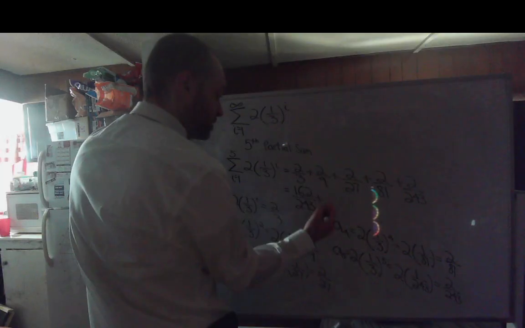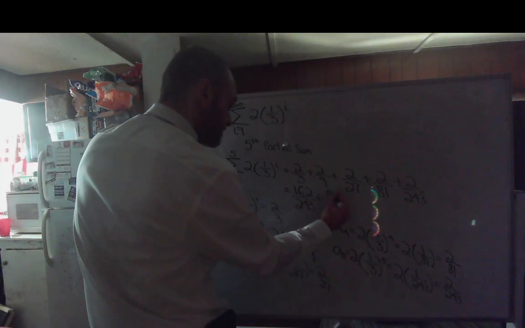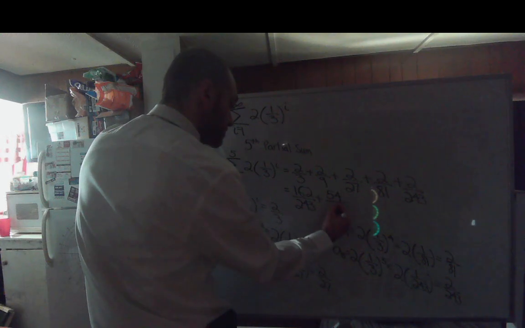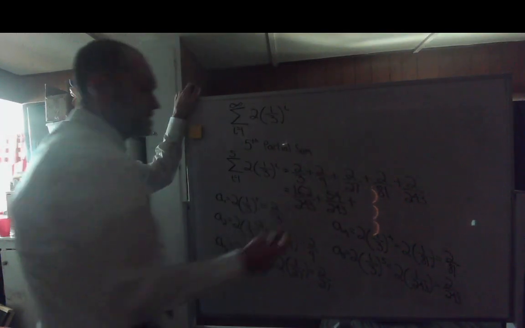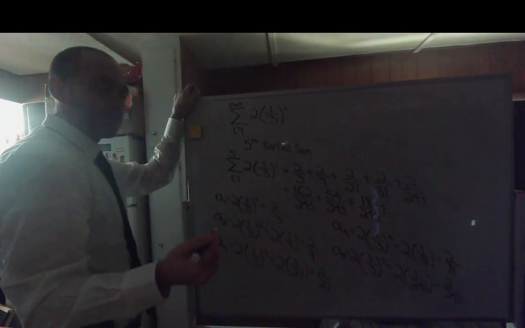So 2 times 27 is 54 all over 243. And then we have that third term, the 2/27, so we just have to multiply everything by 9, so you'll end up getting 18 over 243. Plus your fourth term, the 2/81, just multiply everything by 3, you'll have 6 over 243. And then plus you have the 2 over 243.